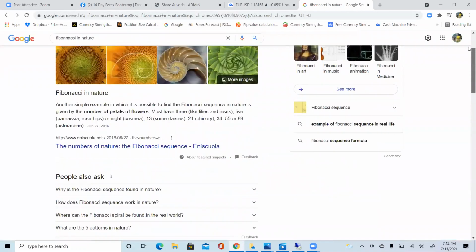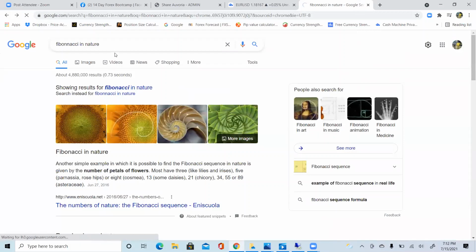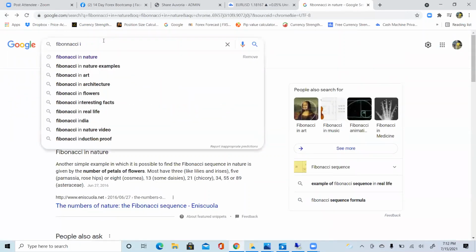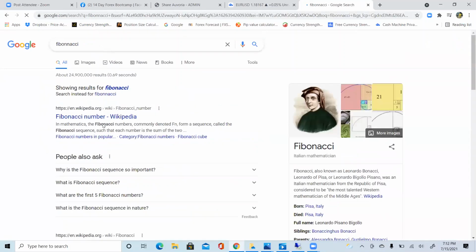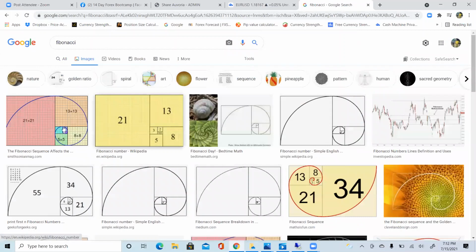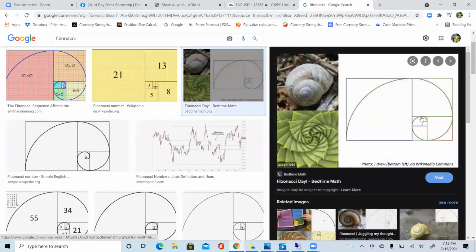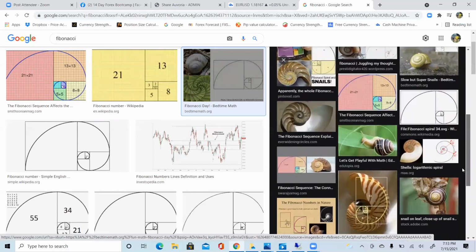And let me show you something else. Let me show you just the basic look of it. So you take this look here, right? This gives you a good example. This mathematical shape is the same shape that goes into the plants or snails. It gives you more examples.